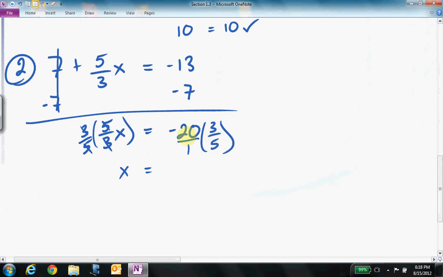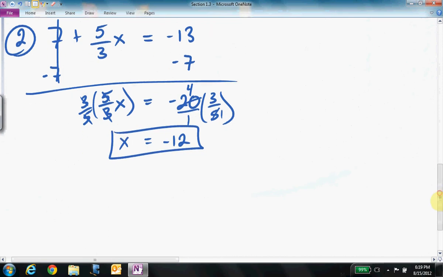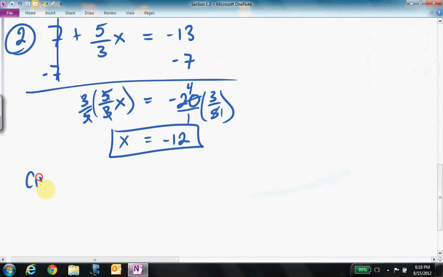But 5 does go into 20. 5 goes into 20 4 times, so we're left with a negative 4. And 5 goes into 5 just once. So multiply the bottoms, you get 1. Multiply the top, negative 4 times 3 gives us negative 12. And that's our answer. So just like the previous problem, we are going to check.